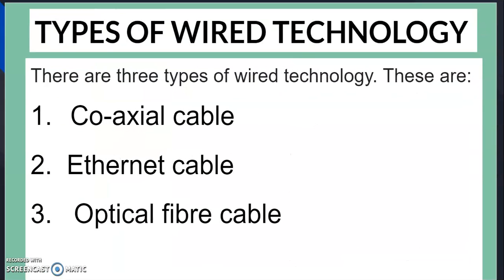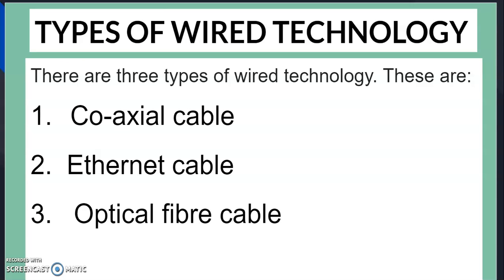So, and there are types of wired technology. There are types of cables that we can use in this wired technology. Do not forget, we have two basic types of networking technology. We have wired and wireless. And when we talk about wired technology, there are three types of cables that can be used in wired technology.